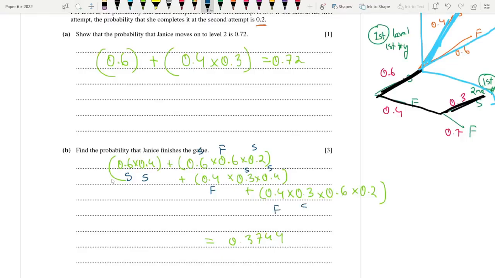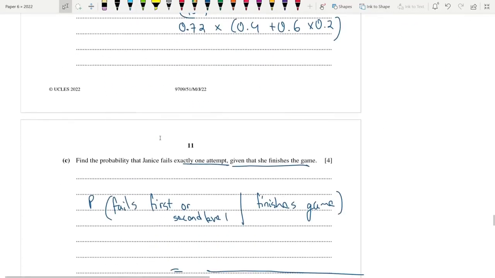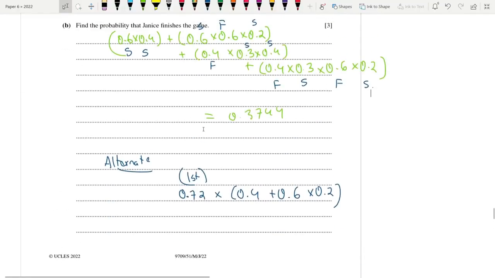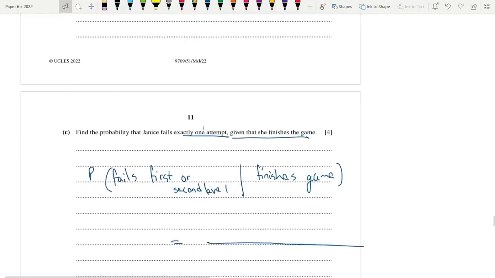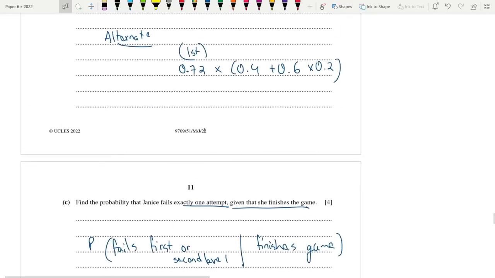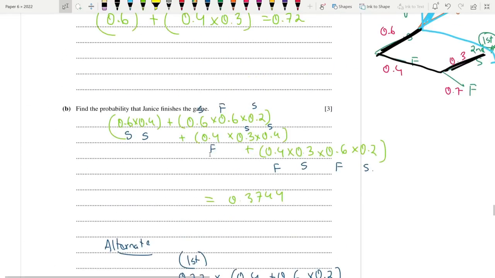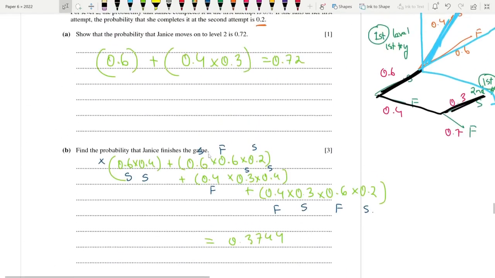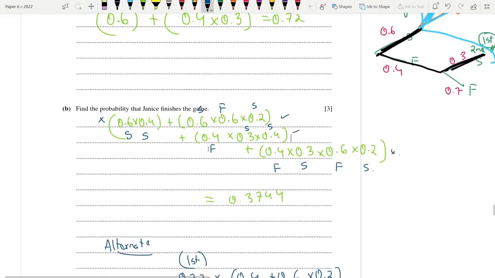This was fail, success, fail, success. Okay, so finishes the game. What's the probability for that? Basically, the denominator will be 0.3744. What about the numerator? Fails exactly one attempt. That means we cannot go for this, because it has two fails. We'll go for this one and this one because there's only one fail over here, right?